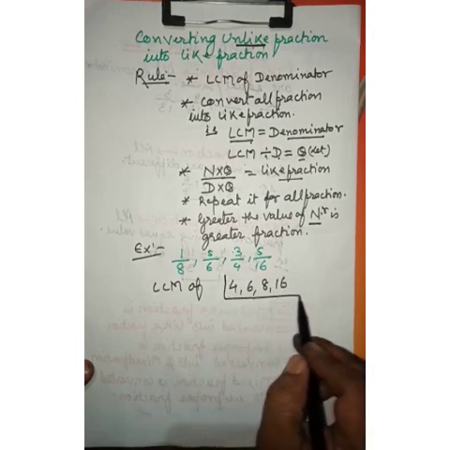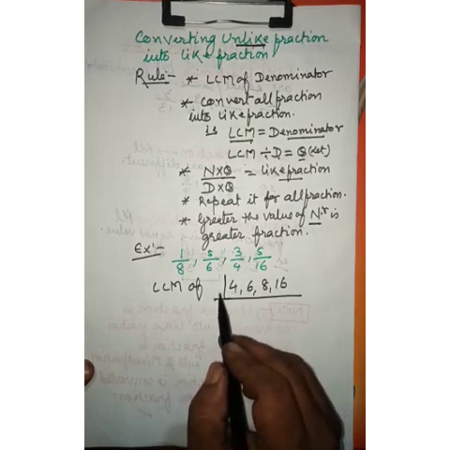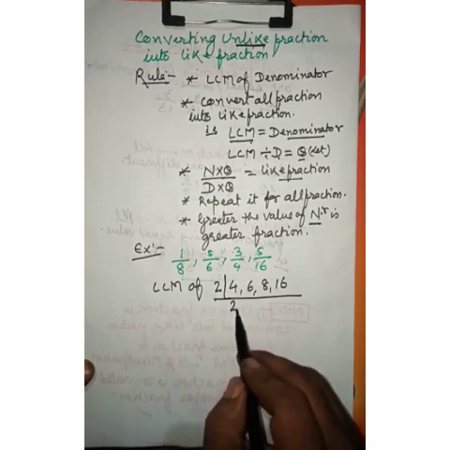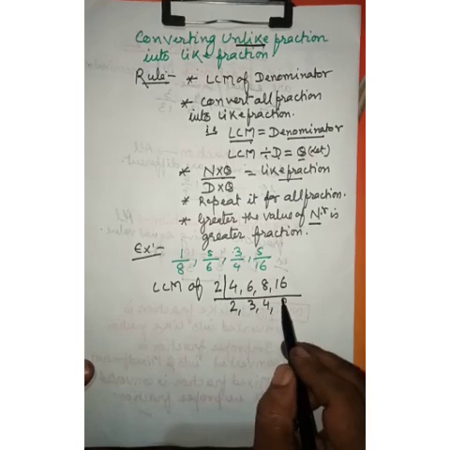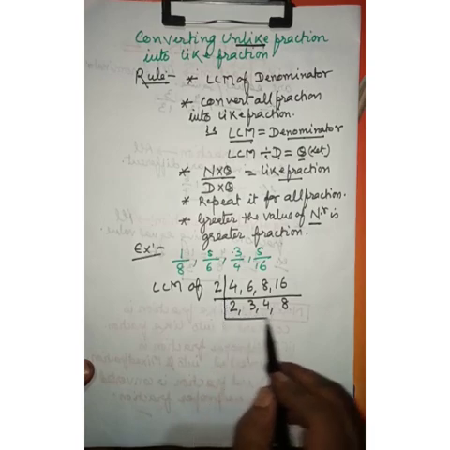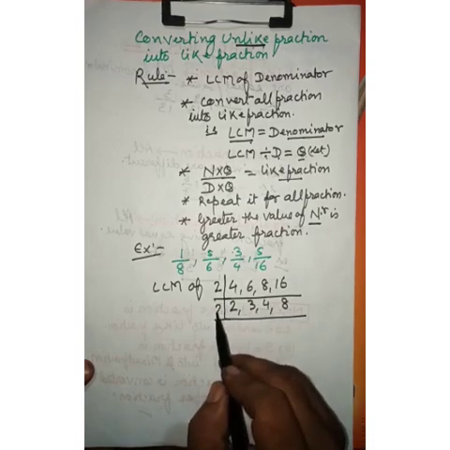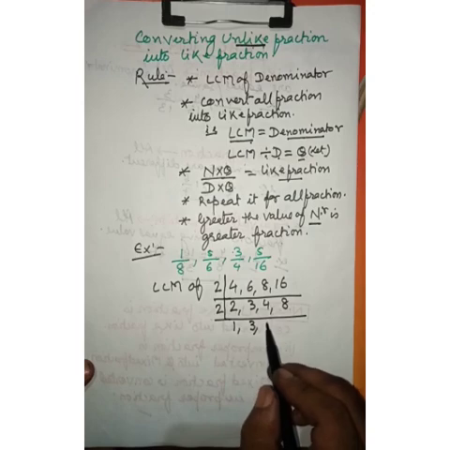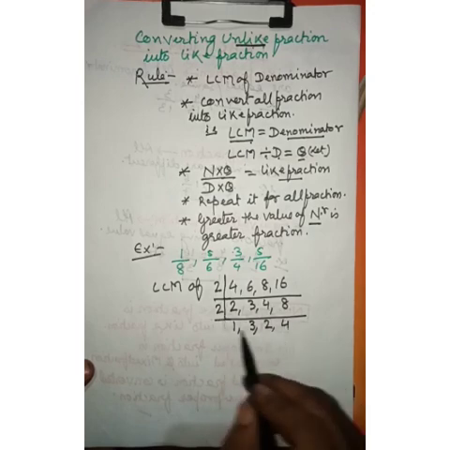Now we see all the numbers are even, so all are divisible by 2. Divide with 2: 2 2s are 4, 2 3s are 6, 2 4s are 8, 2 8s are 16. Here also 3 numbers are divisible by 2, so we divide again: 2 1s are 2, 3 is not divisible so we write it as it is, 4 divided by 2 is 2, 2 4s are 8.